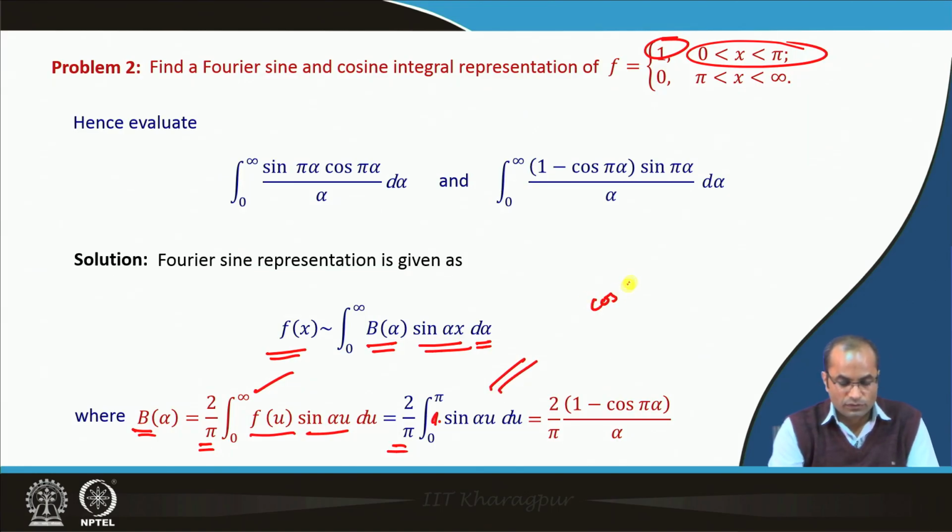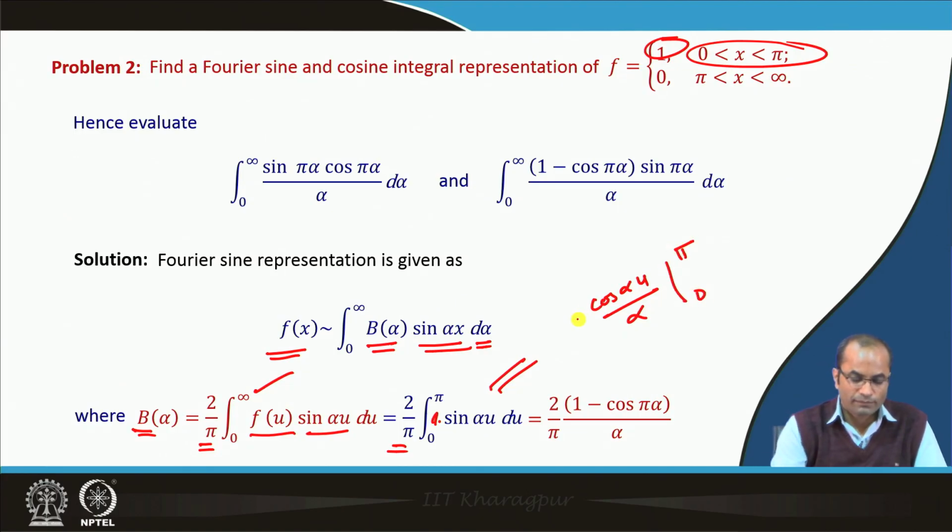So, we have cos alpha u over alpha from 0 to pi with the minus sign because of this integral, and 2 over pi naturally sitting outside.